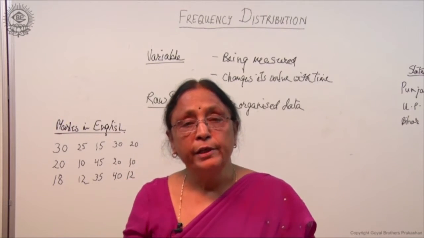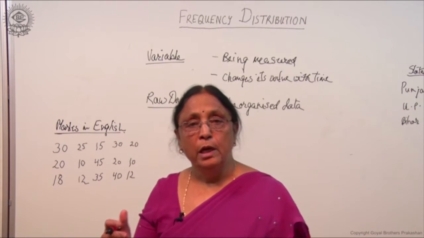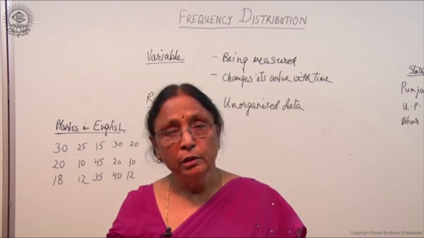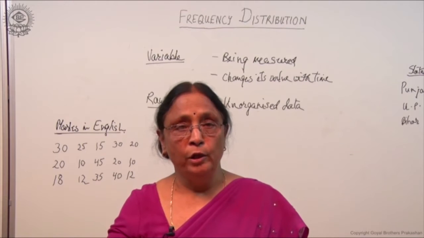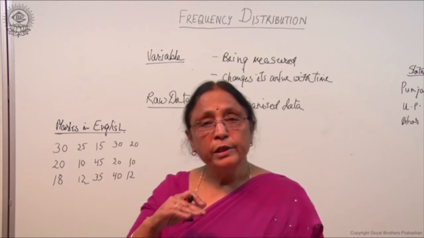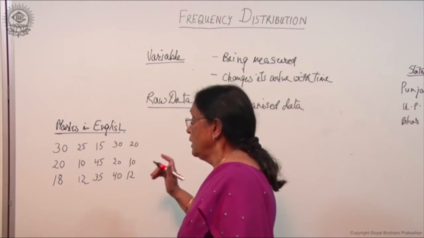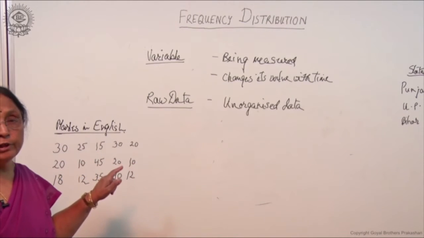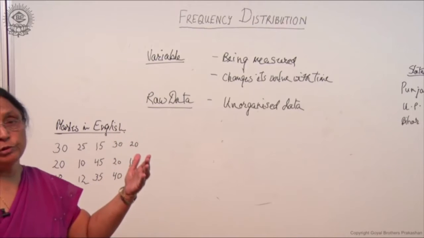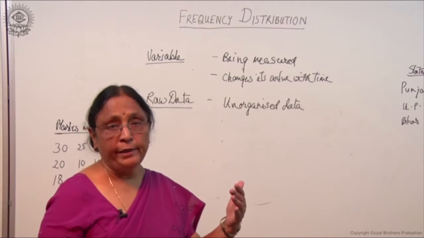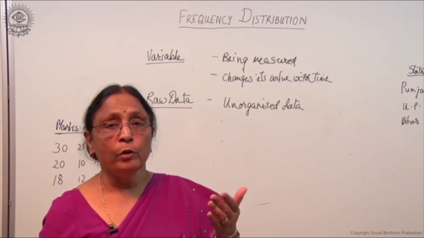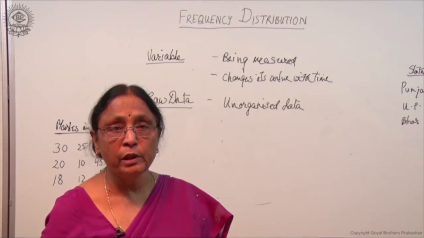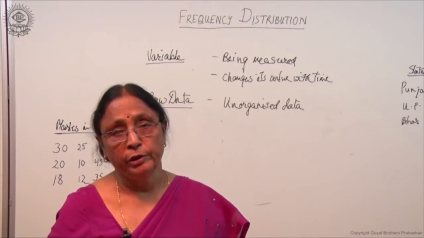You can arrange the data in two ways, either in the ascending order or the descending order. Now what is ascending order? Ascending means you are moving from the lowest figure to the highest magnitude. That is called ascending order. And when you are moving from the highest magnitude to the lowest one, that is called descending order.